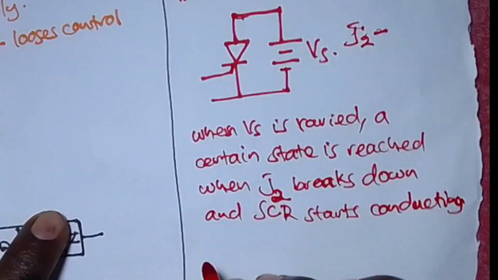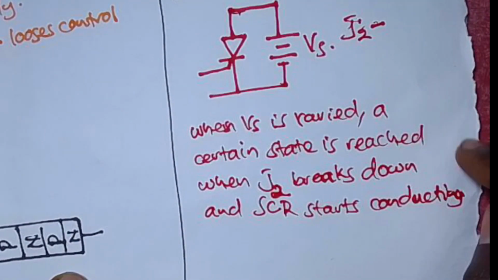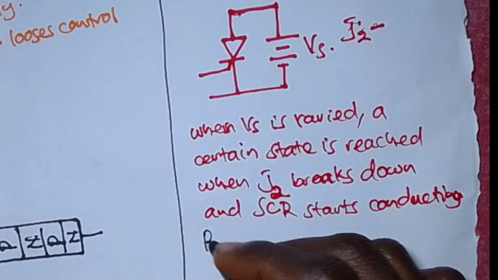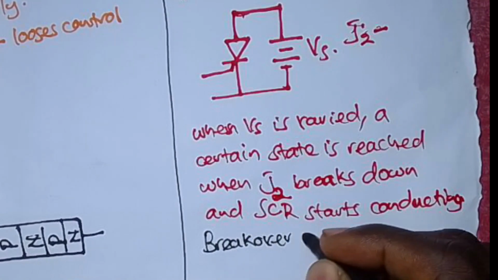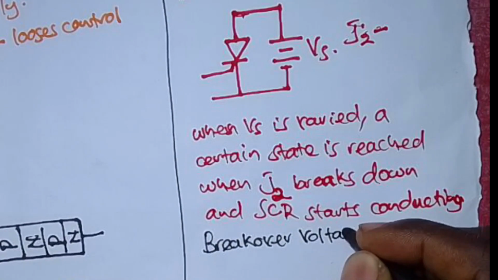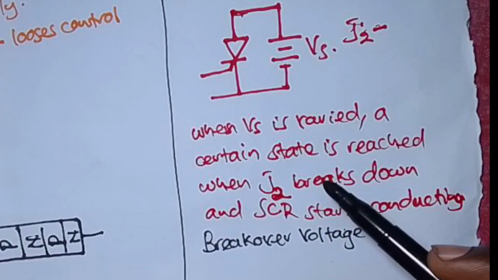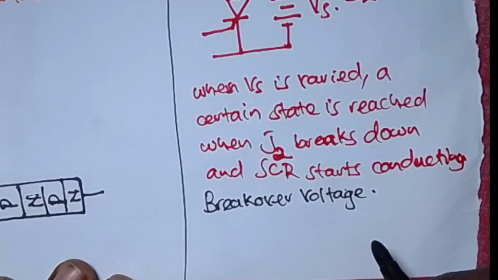Now at this point, the voltage that I've described in this state is what we call the breakover voltage. So when they ask you to define breakover voltage, the voltage at which this whole scenario occurs is what we call the breakover voltage.